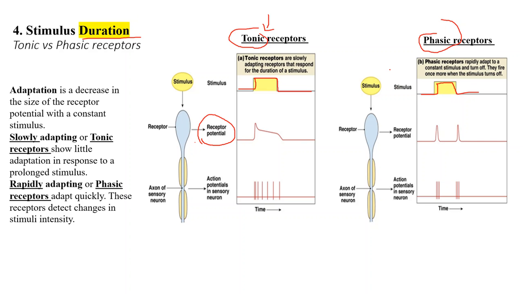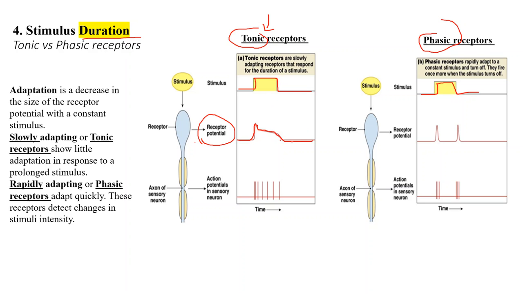What it wants to point out to you here is the different types of receptors that exist, which are basically two types, in response to a prolonged stimulus. There are the tonic receptors, which are pretty much refractory to adaptation to a prolonged stimulus, meaning that the receptor potential is pretty much active for the duration of the stimulus.